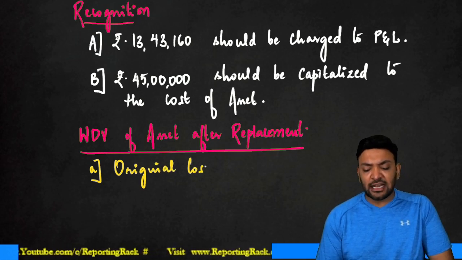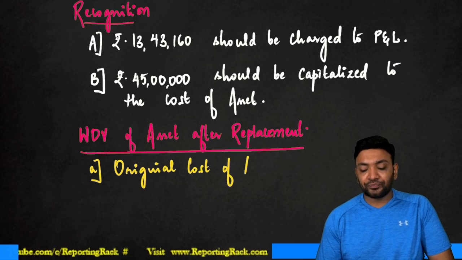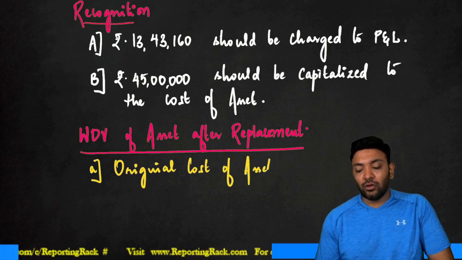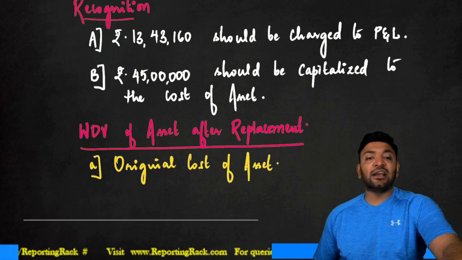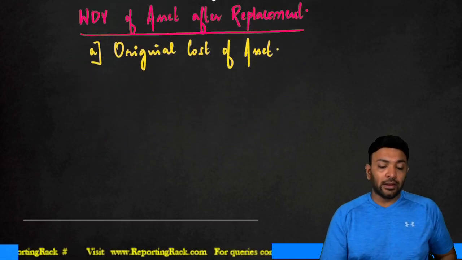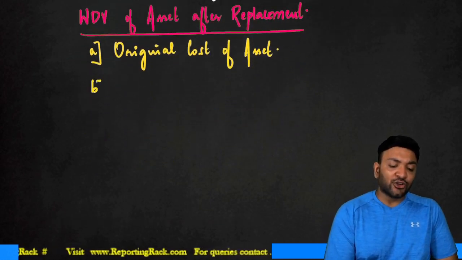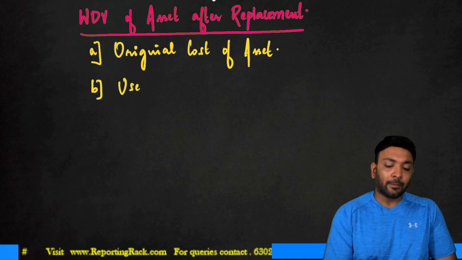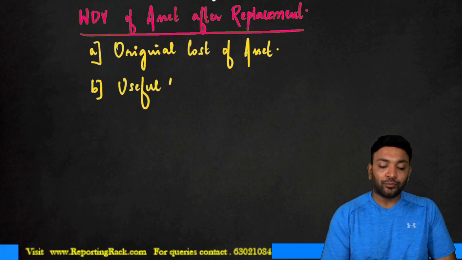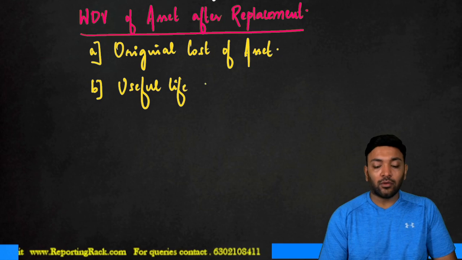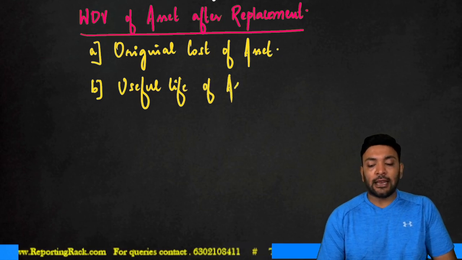Original cost of asset. The original value of the asset is 1 crore. What is its useful life? 10 years.